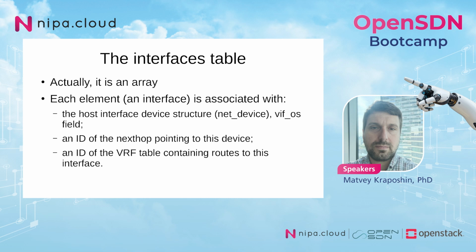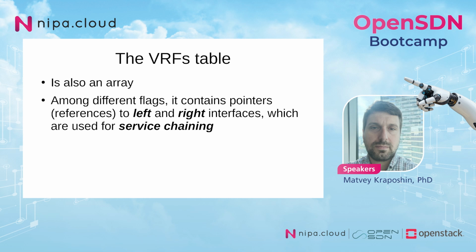The interface table is an ordinary array, a static array, which contains elements needed to identify interfaces from the host operating system. The VRF table is actually also an array which contains a list of flags associated with each VRF used in this vRouter forwarder instance.